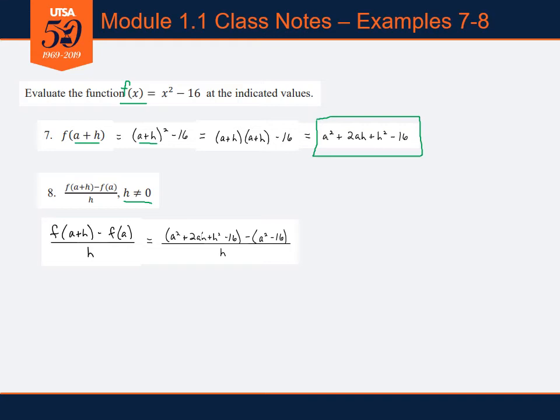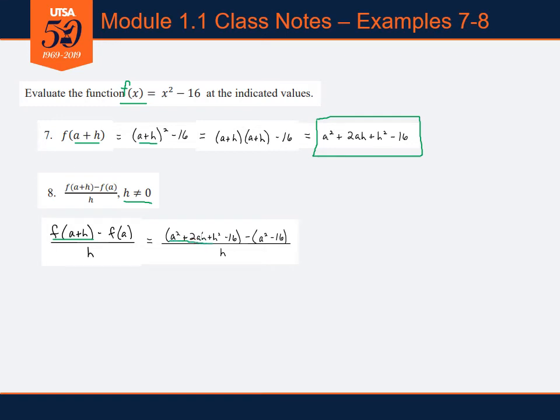One piece at a time, and let's make sense of what I have written on the right here. Note, question 7 gives you one of the pieces that's going to get you to your answer here. f of a plus h is exactly what we calculated in question number 7.